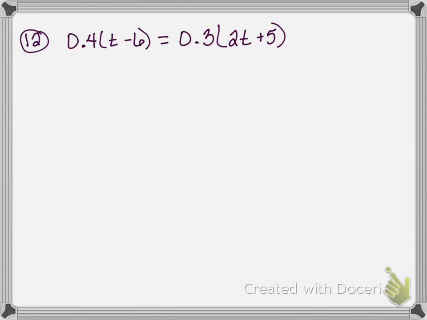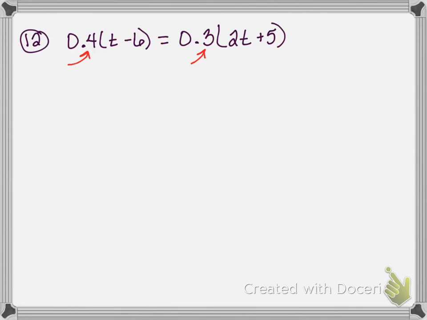So now I'm going to do, it looks like I've got 2 with decimals. So here I've got 4/10 times t minus 6, 3/10 times 2t plus 5. Okay? Now, I've got 1 decimal spot here and 1 decimal spot here.